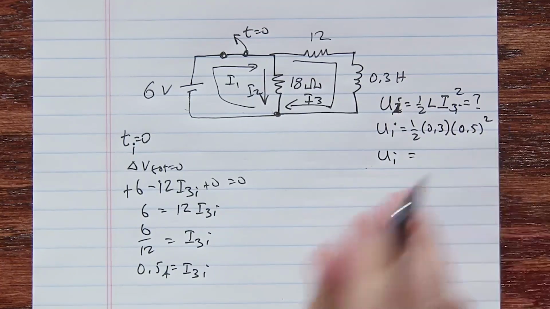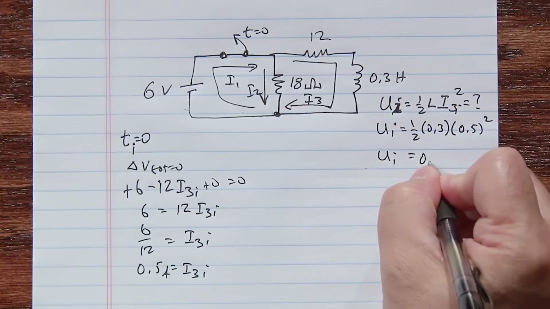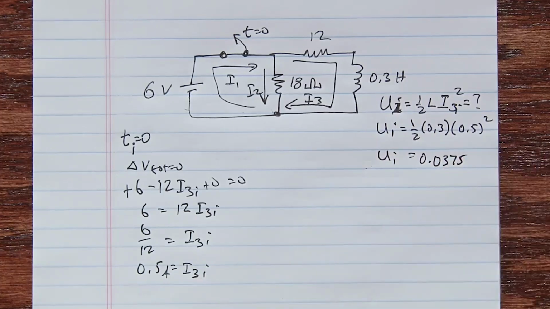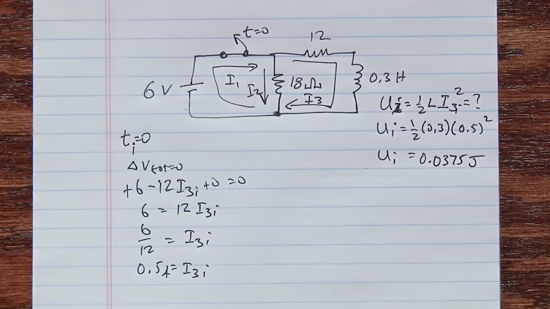So U initial is 1/2 times 0.3 times 0.5 squared, and that is 0.0375 joules, the basic metric unit of energy.